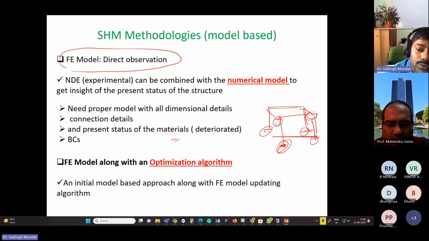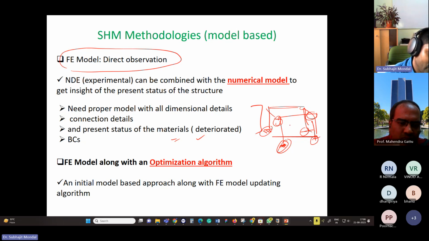The material also you should model, because the material which was there during the construction, after 10-15 years, may not be the same. So you have to model the material also. In the finite element model, you have to be careful while using that methodology.